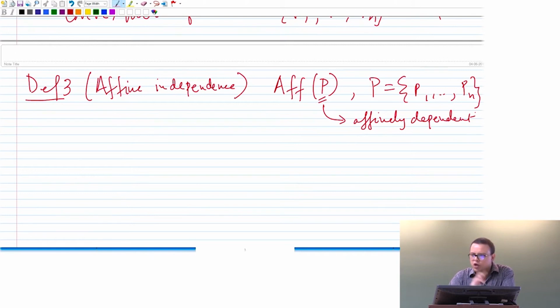I will say the point set P is affinely dependent if you have two different representations of the same point inside AFF of P. What do I mean by that?